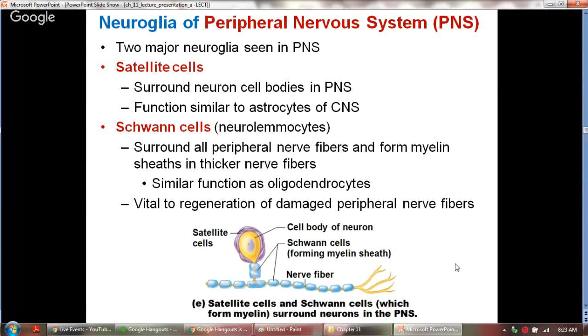It has a very important function, and it's vital to the regeneration of damaged peripheral nerve fibers. In this figure, you would see the Schwann cells surrounding the nerve fiber, which forms the myelin sheath.